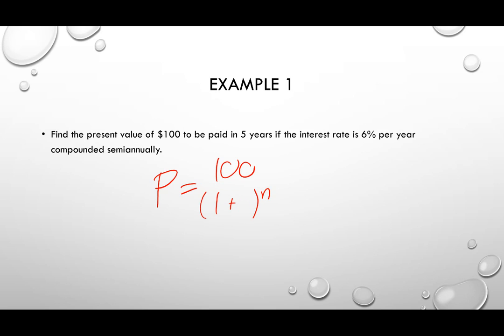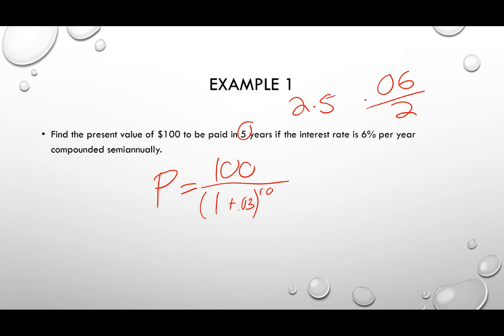K is our rate per unit of time. So that's 6%, which is 0.06. Now it's compounded semi-annually, which is twice a year, so K is going to be 0.06 over 2, which is 0.03. And then N is how many periods. If it's semi-annually, twice a year for 5 years, it's going to be a total of 10 times.